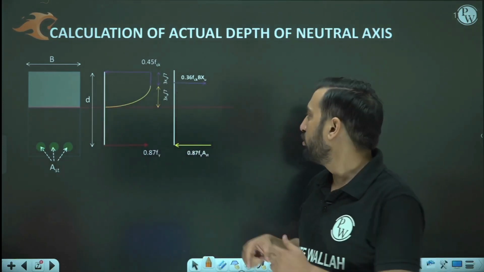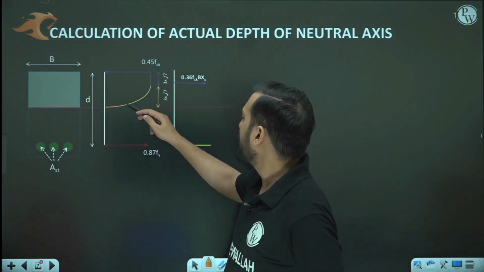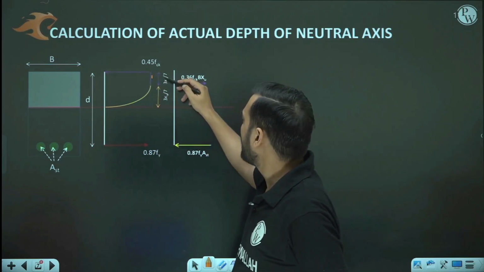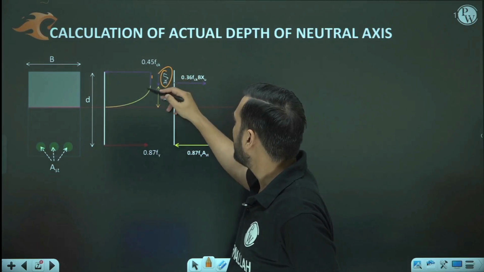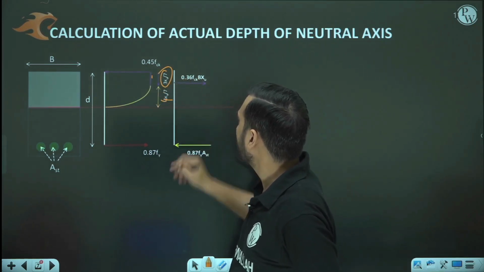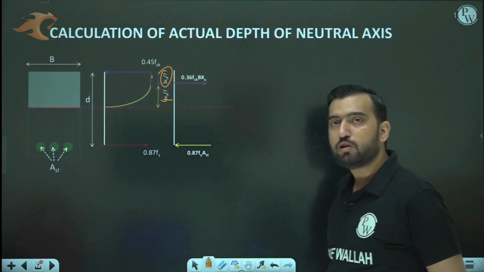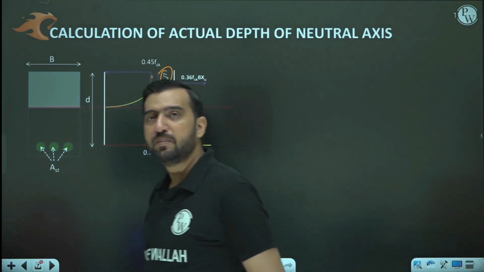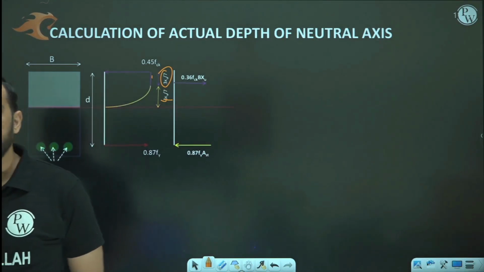So you know that this graph is parabolic. After that it becomes rectangular, and this rectangular portion is 3/7 and this parabolic portion is 4/7. Okay, so out of total XU, 4/7 part lies in the parabolic zone and 3/7 part lies in the rectangular zone.